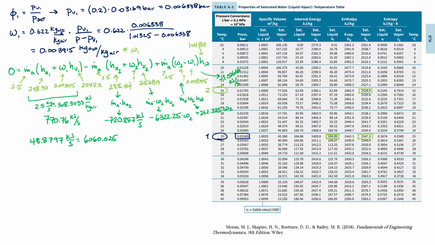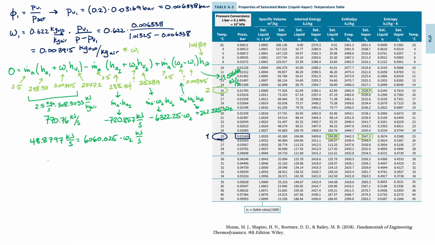So I've got kilograms air per second times my kilojoules per kilogram water. So, this is yucky units, kilojoules times omega 2, and that will eventually be, if I include that omega 2, kilojoules per second.